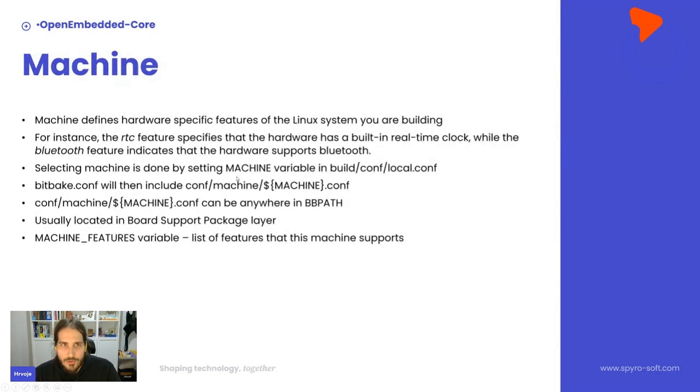Then we also have to choose machine. Machine is similar to distro, but now we are defining the hardware-specific features of the Linux system we are building. So for example, if our hardware supports a real-time clock, we would add the RTC feature.